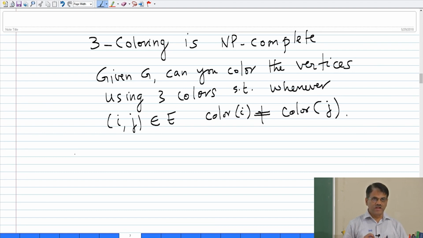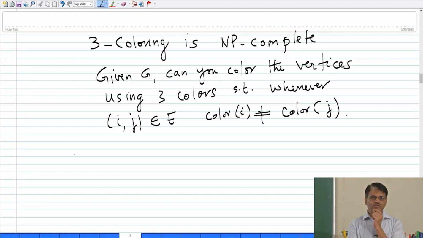So what is the certificate proof? A 3 coloring. So you give a 3 coloring, that's a proof. You run through every edge in order m plus n time, and check that both endpoints get different colors. Yes, somebody wants to answer.